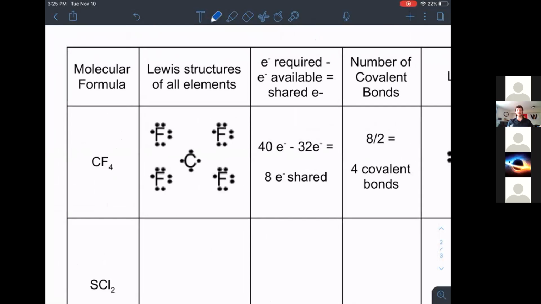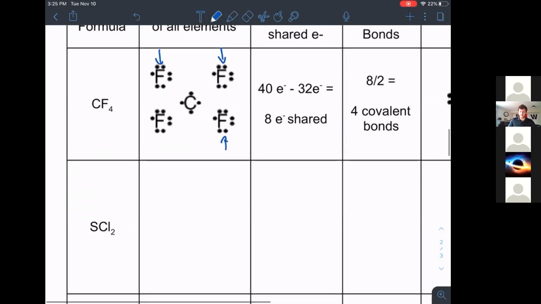So there's 5 elements, which means that there are 40 total electrons needed. And then if we think there are 7, 14, 21, 28, 32 total electrons between our fluorines and carbon.